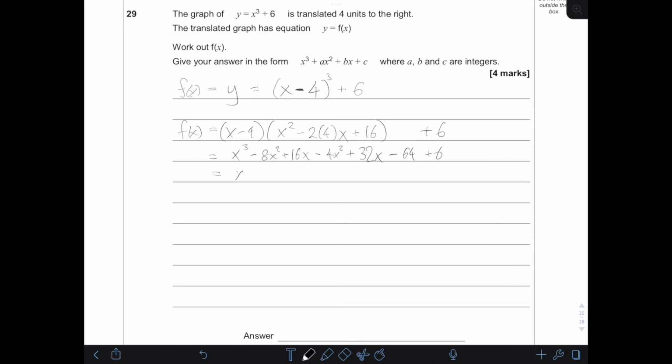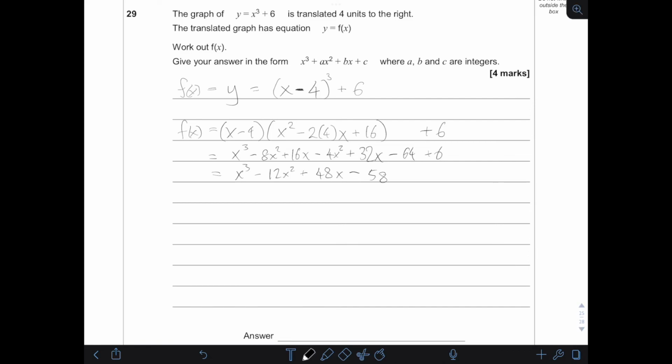And we have x cubed, take all the square terms together, that's minus 12x squared, take all the x terms together, that's 48x, and minus 64 plus 6, which is minus 58, I think.